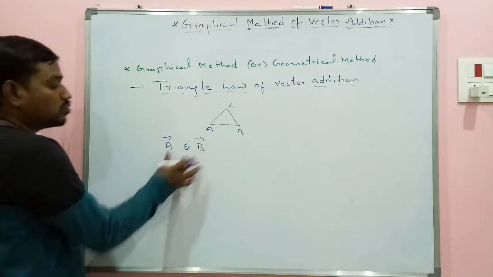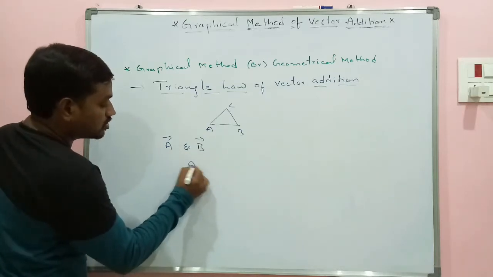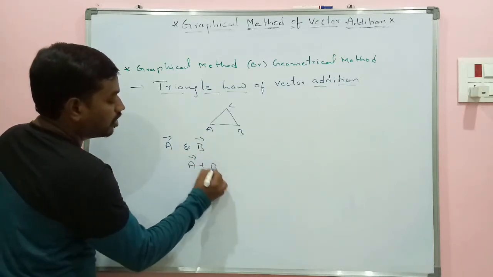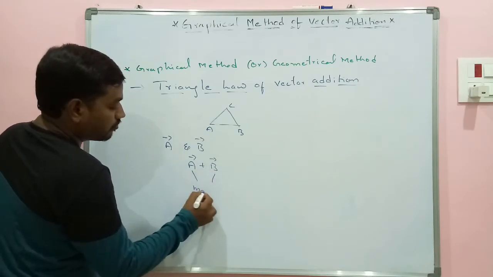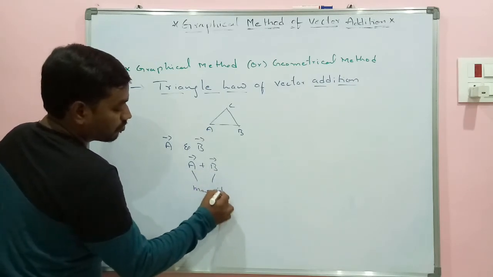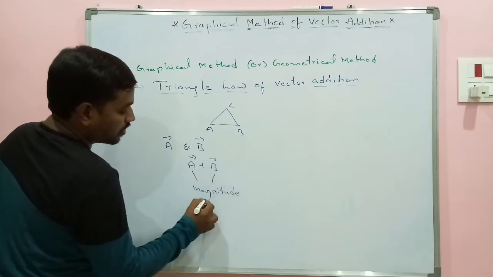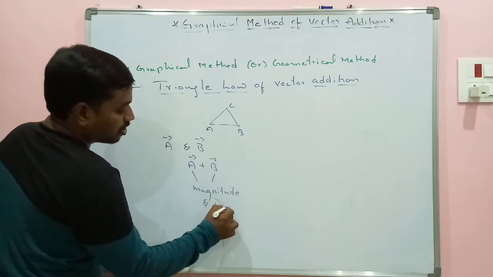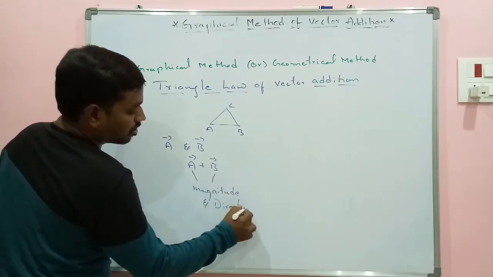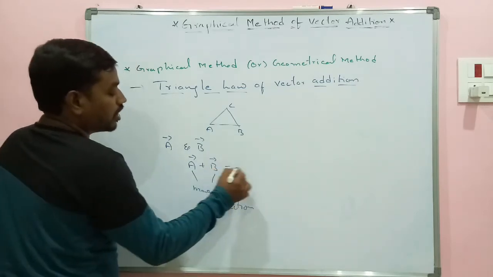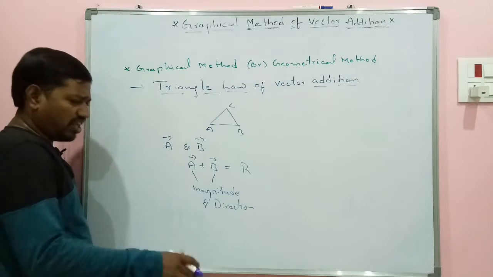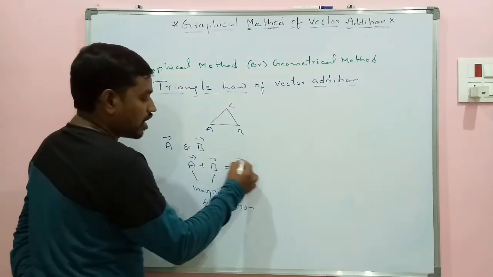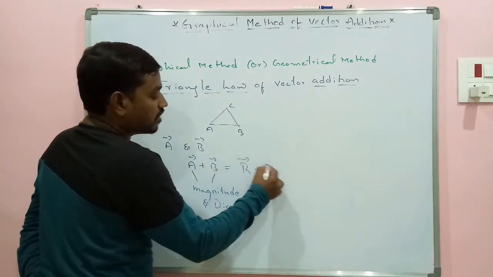If you add these two vectors, vector A plus vector B, where both are represented in magnitude as well as in direction, we will get the answer as R. You can write it as C or D or anything, but we will represent it with R. R is called the resultant vector.